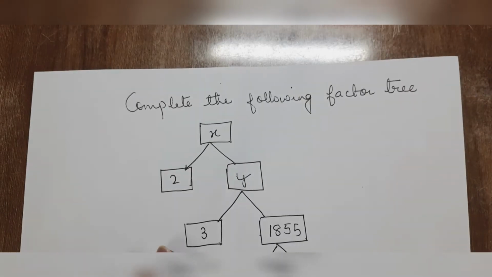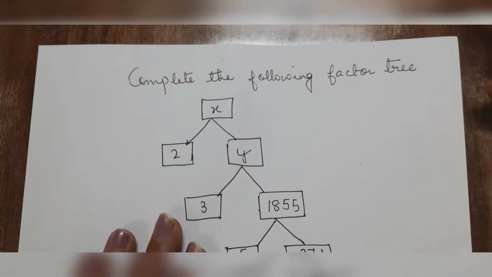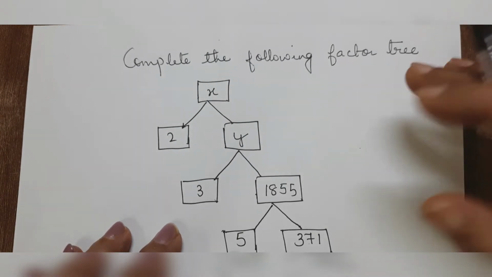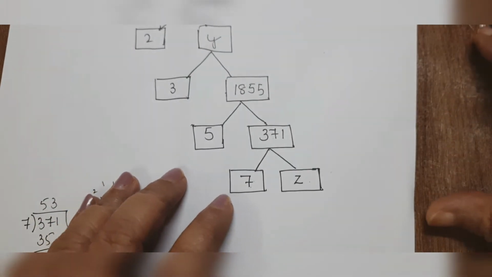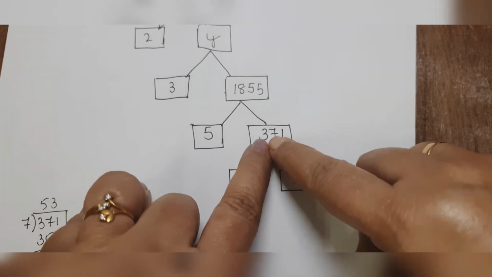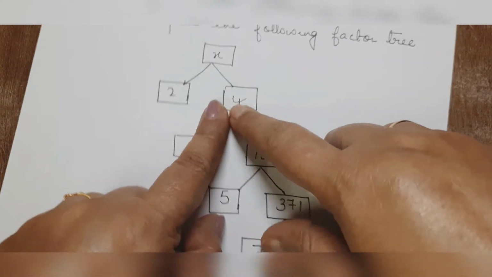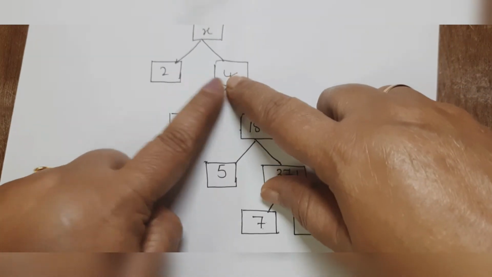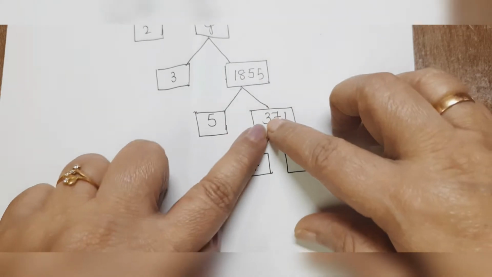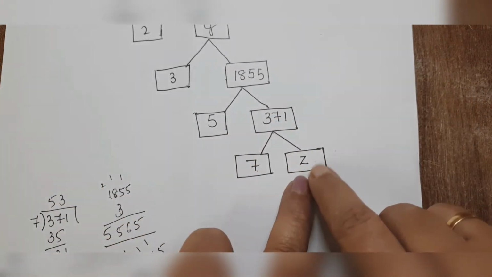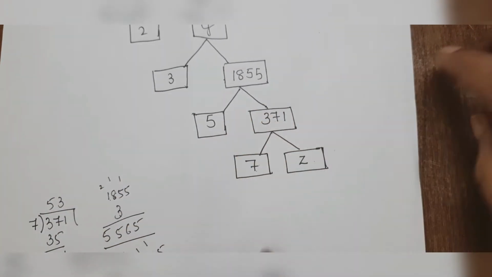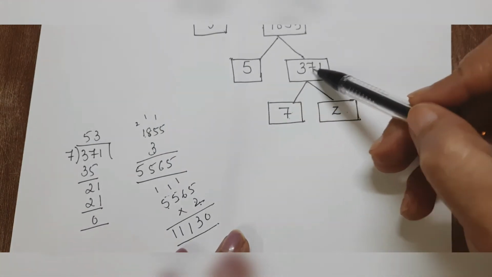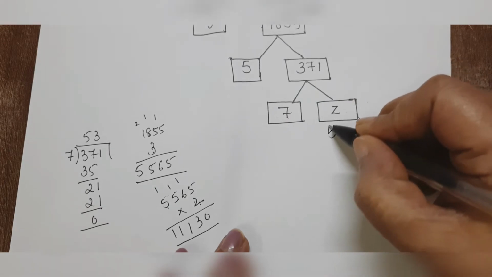Now this question is a 2-mark question. This can be given: complete the following factor tree. So you might be familiar, but still I'll give you a trick for this. When you go from down to up, you multiply, multiply, multiply. From above to down, from top to down, you divide, divide, and here you go on dividing. So now when we have to come down, we have to divide. I have divided this part here, so 371 divided by 7 will be 53.